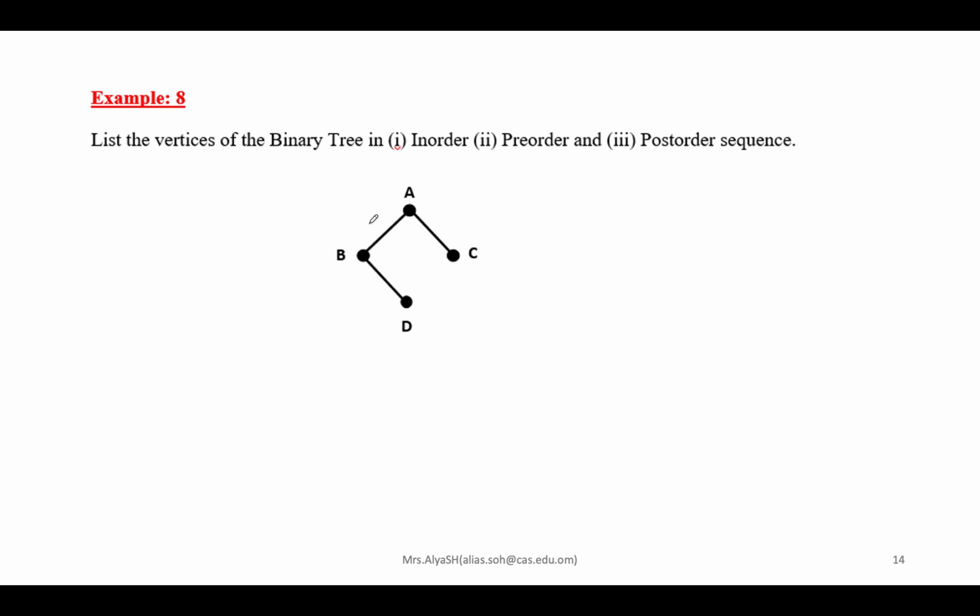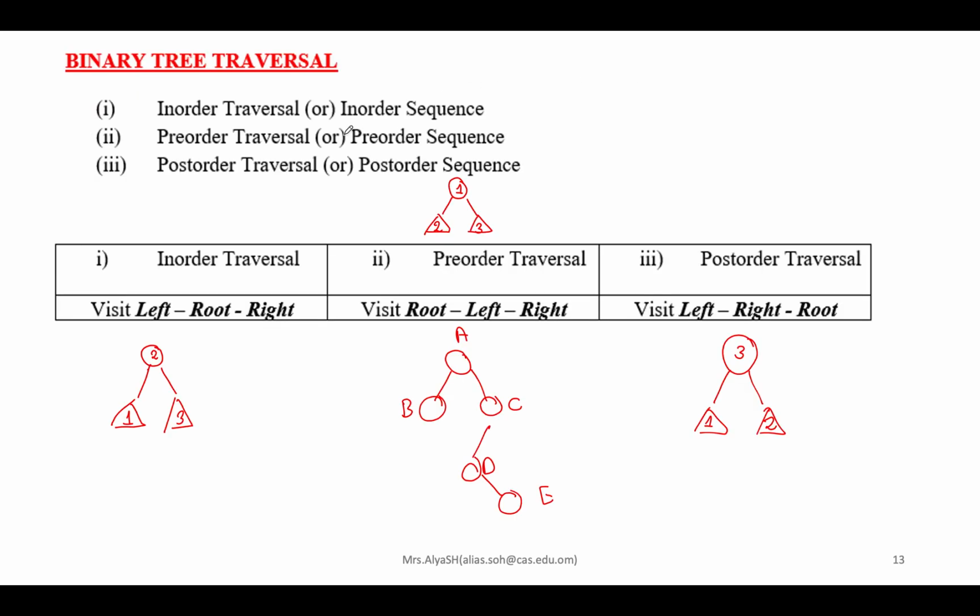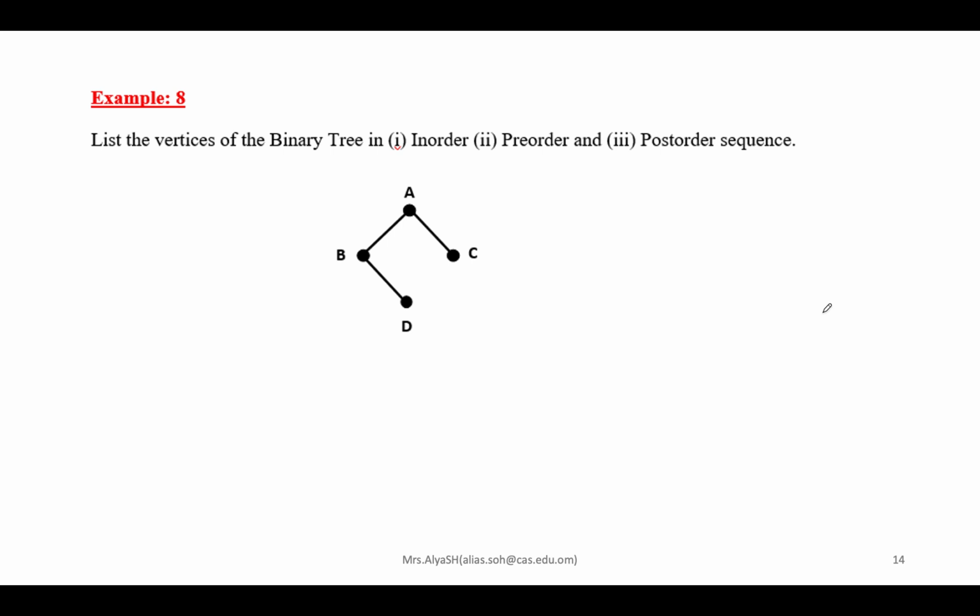Let's suppose we've got this tree and we need to list the vertices of the tree in order, pre-order, post-order. And we can either use this description here, left, root, right, root, left, right, left, right, root, or we can check the trick that I will show you now.